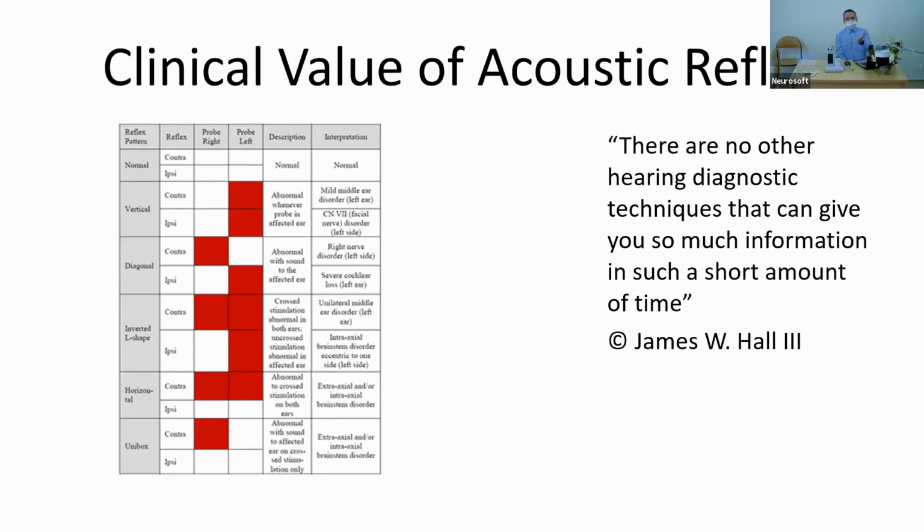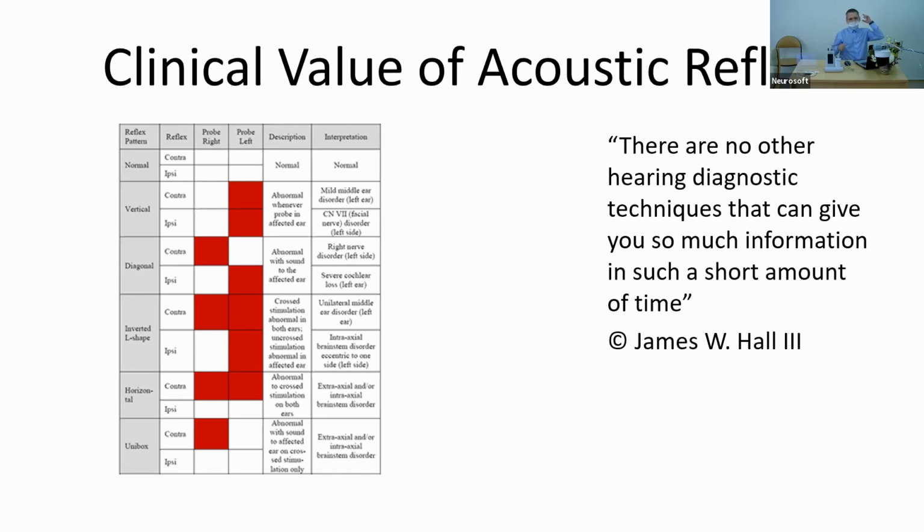As you can see on the left in the picture, there are typical patterns which can be found during the reflex recordings, especially when you record, in addition to the ipsilateral reflex, which is recorded with the probe in the ear canal, also the contralateral reflex.